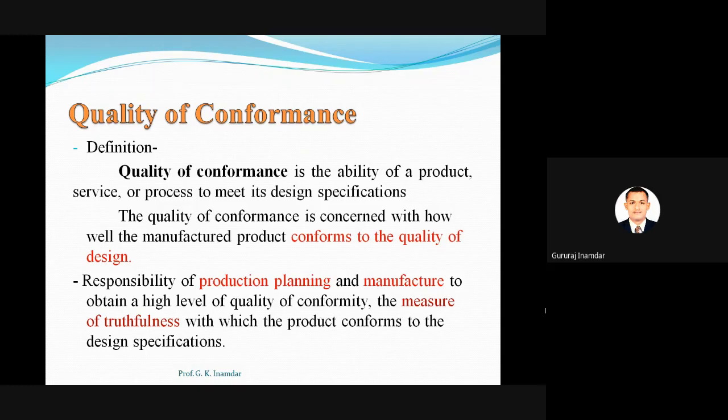Okay, whatever specification points we have discussed now, we have to follow that specification, and that is nothing but the quality of conformance. Whatever the specification, you have to give the same output. Is it right? Specification काय असतील कंपनीचे, that specification you have to follow. This is nothing but the quality of conformance.